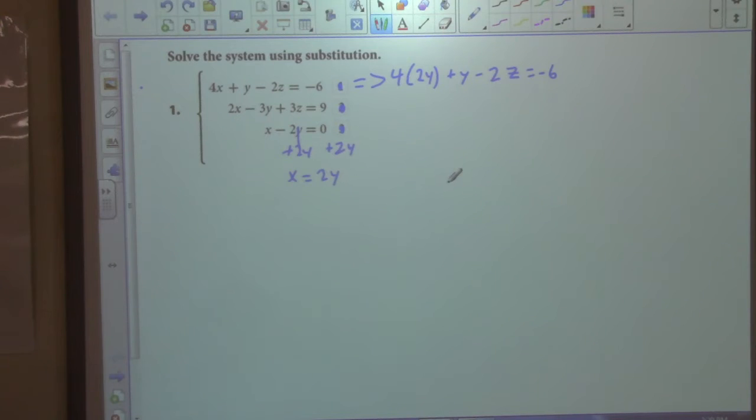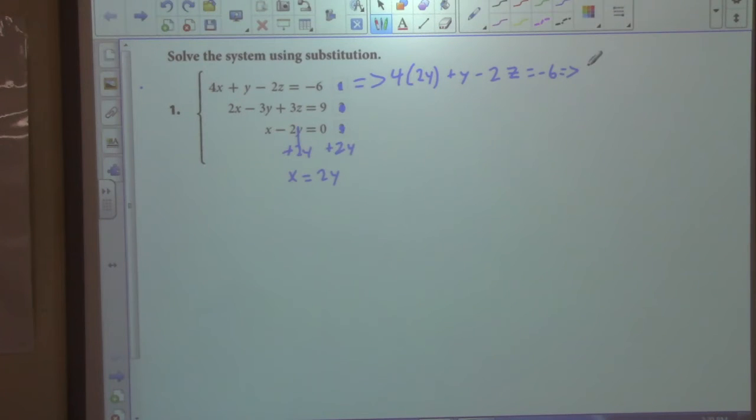Does that make sense pretty well? And don't hesitate to stop me if I make a mistake or if there's something you don't understand here. Continuing to work to the right, what we have here is 4 times 2y, that's going to be 8y, and then we have plus y, that's going to be 9y, right?